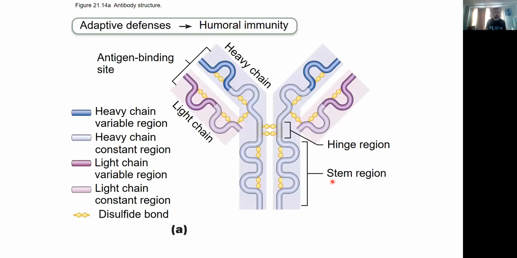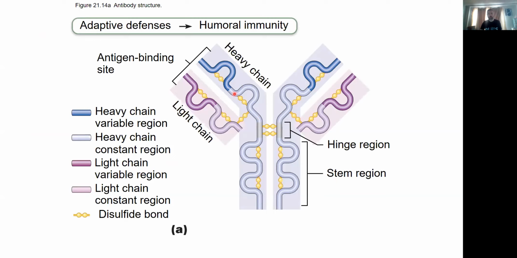So here's what a monomer of our immunoglobulin looks like. Here we have the heavy chain. It's got a little kink in it, right? A little bend where we get the bottom of our Y and the arms of our Y coming off of it, one on each side here.